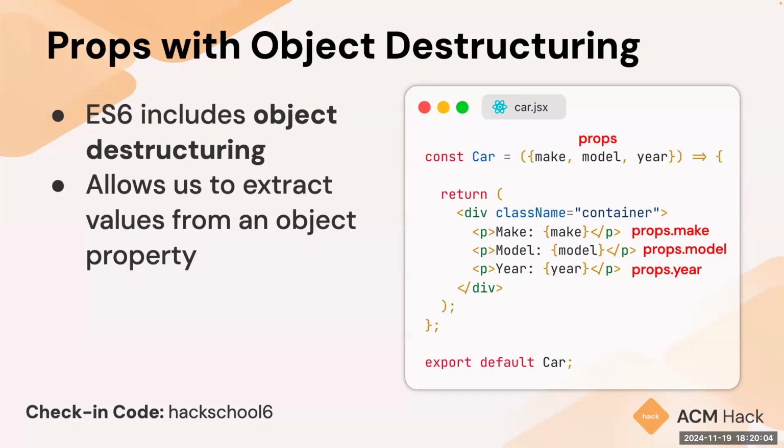And then you're able to just pass it in inline, instead of doing props.make, you can just do the brackets again. And then this just allows us to extract the values more easily. But yeah, this is a shorter way to do it, and I recommend doing this since it's way easier than constantly calling props.